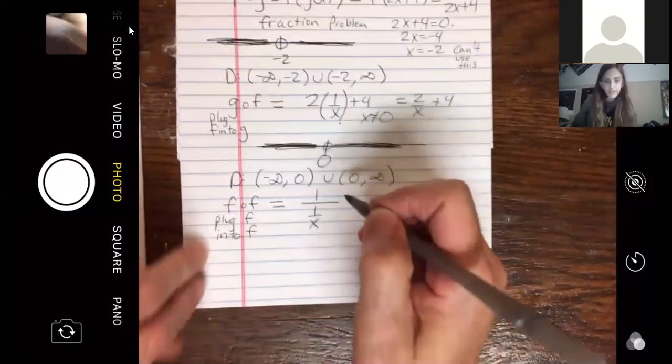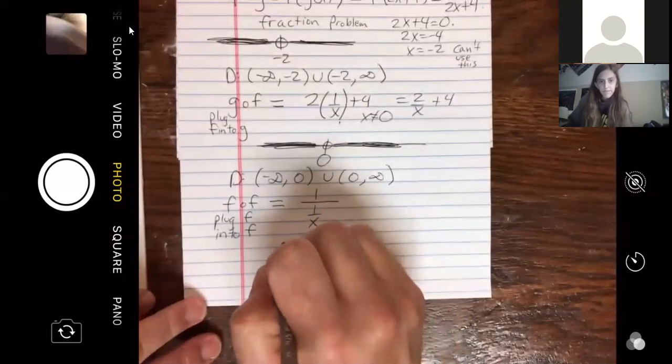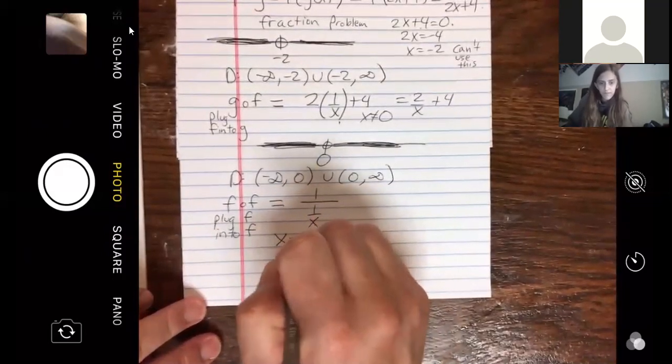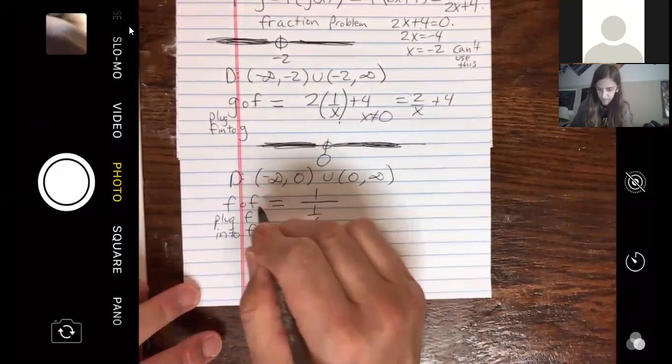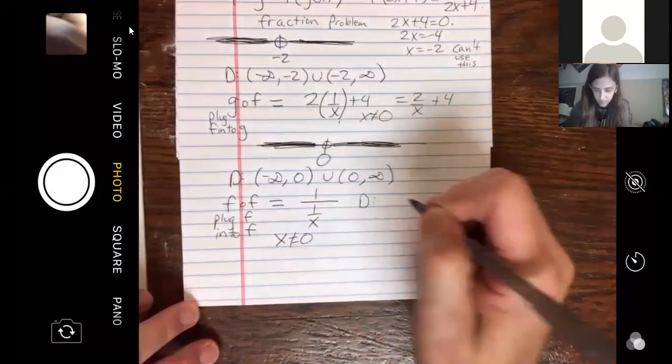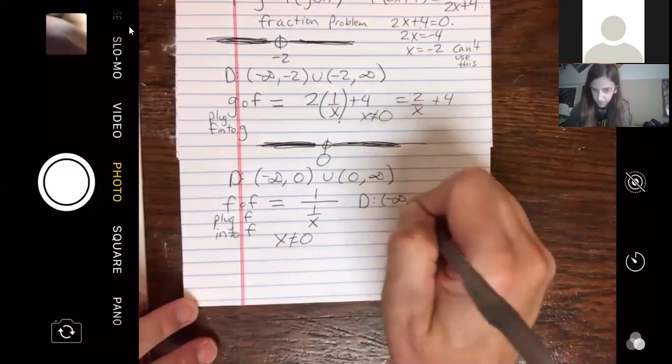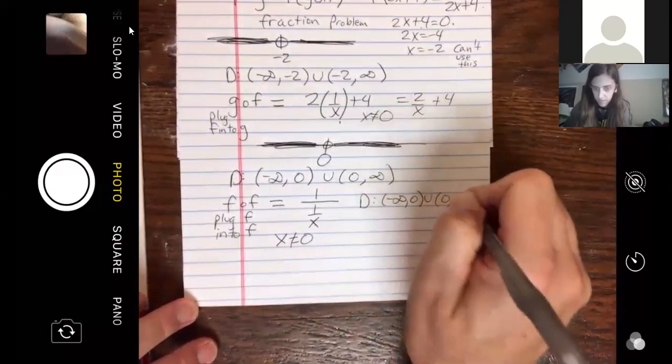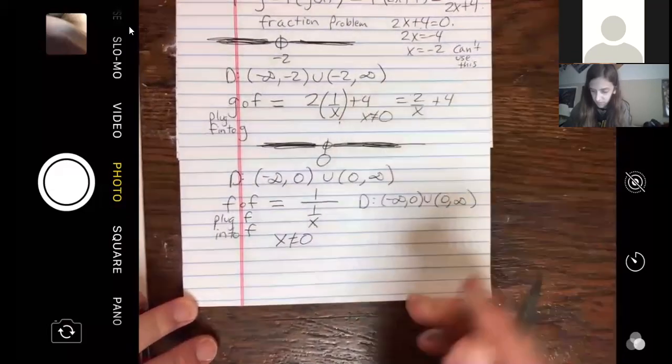That's a little weird. So you're really looking at the domain of the inner function. So X still can't be 0. Your domain is minus infinity to 0 and 0 to infinity. So it's identical to this one still.